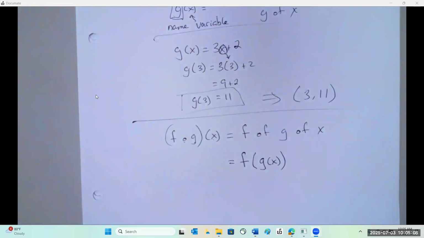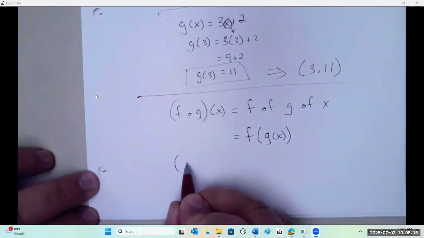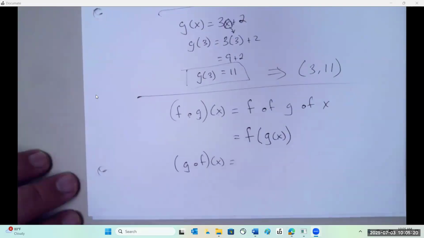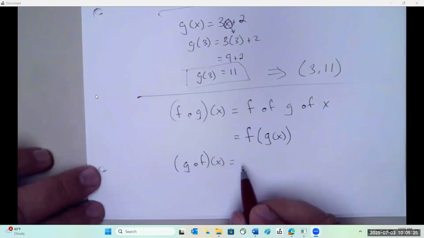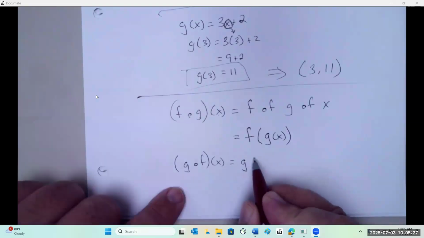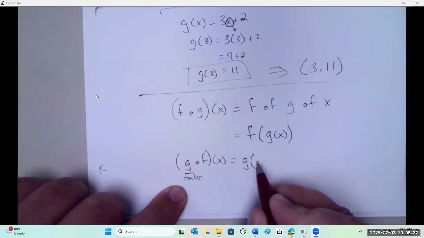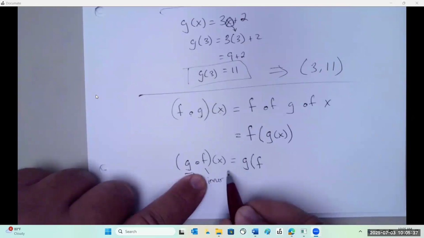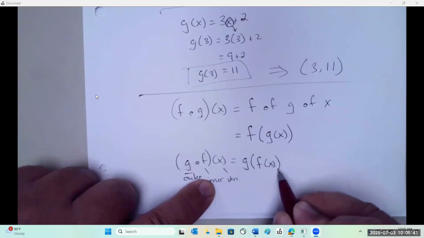So that's the way you would interpret it. And the Gof method, g of f, is read g of f of x. So the outer function is g, and the inner function is f, of the variable x.